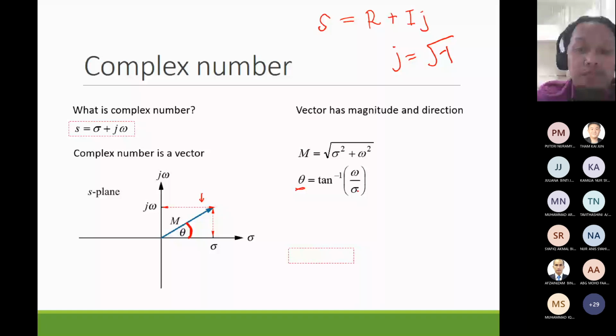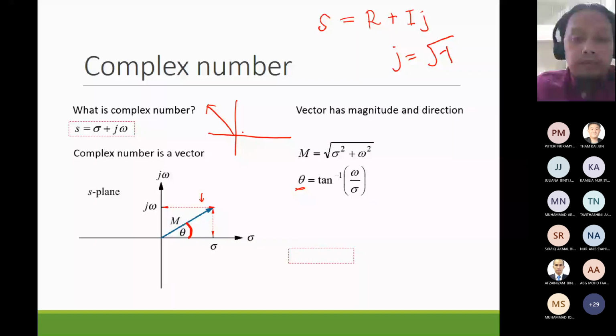So let's say you have a complex number located here. Theta is measured from the positive x-axis. To find this theta, I will measure this angle, let's say alpha, so I will find it as 90 plus alpha equals theta.